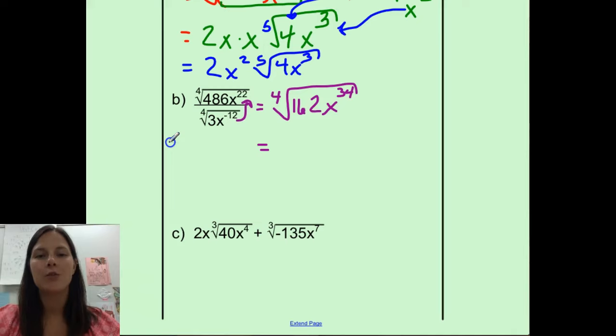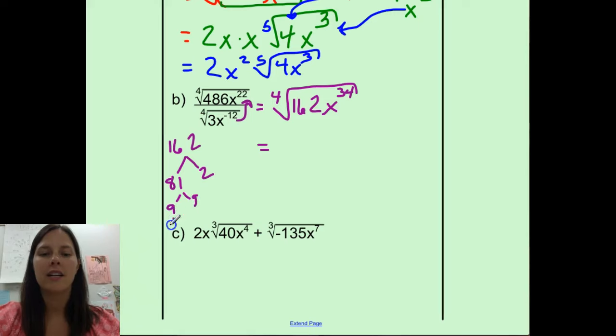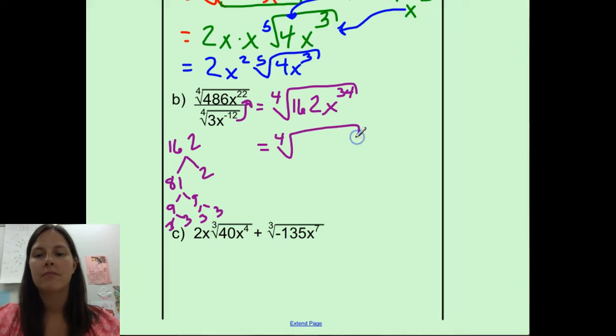Breaking 162 down into primes, I'll show my factor tree off to the left here. 162 is 81 times 2. 81 is 9 times 9. And 9, of course, is 3 times 3. So we have 3 to the 4th power times 2 to get 162.